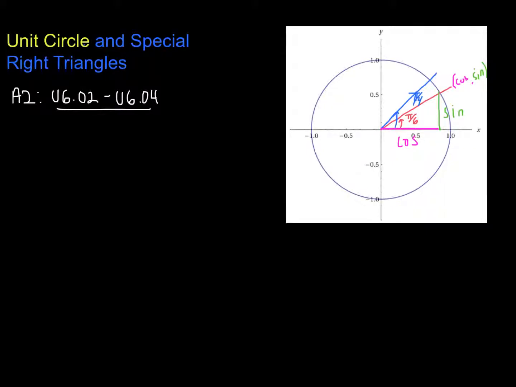And so we're going to look at, if we know that the radius of this circle is 1, meaning we know the hypotenuse has a length of 1, what might these other two side lengths be? Okay, so what I've done is I pulled this triangle out over here to the left, and remember, the angle that we're concerned about is a pi over 6 angle.